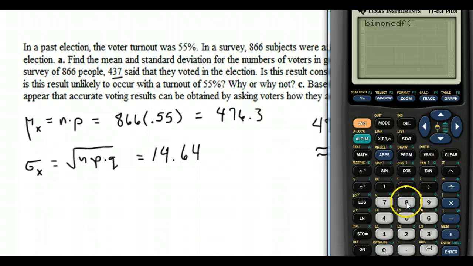N is 866, P is 0.55, and the number we're going to stop at is 437. So the probability of seeing from 0 voters up to 437 voters turn out, which is what we're computing here, is only a 0.4% chance of happening.